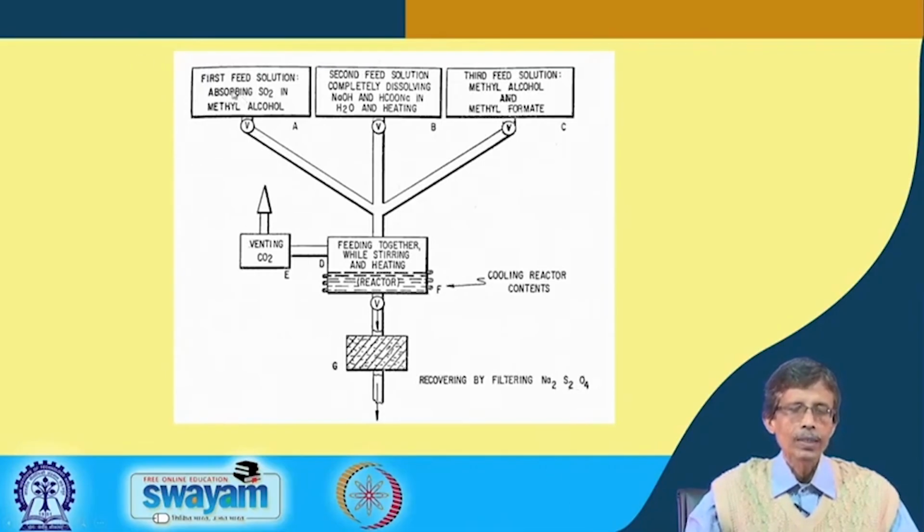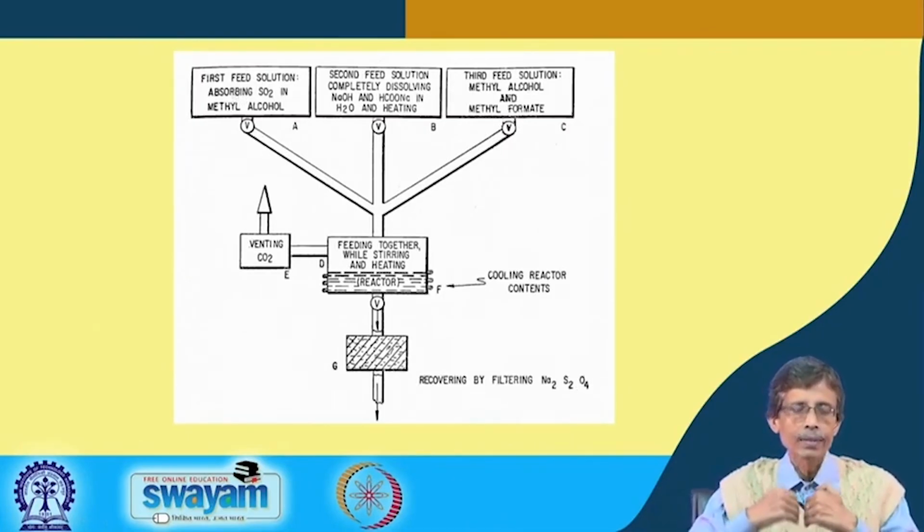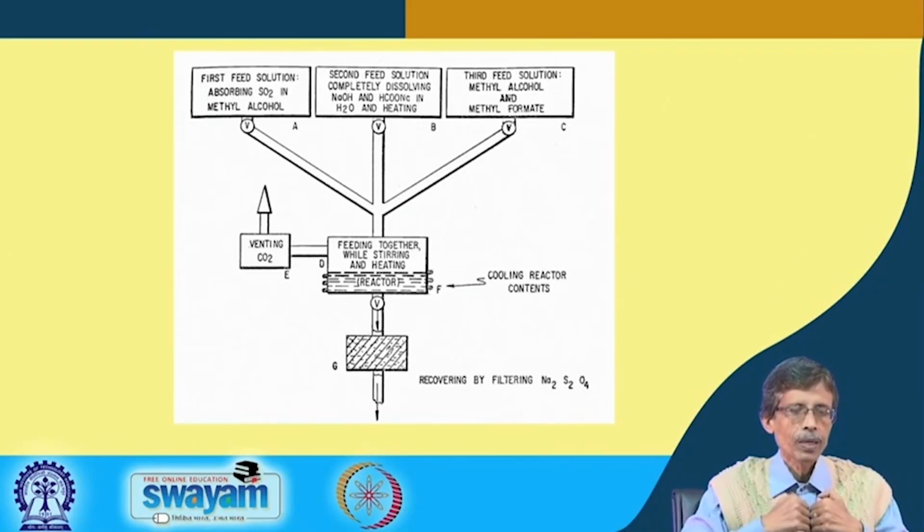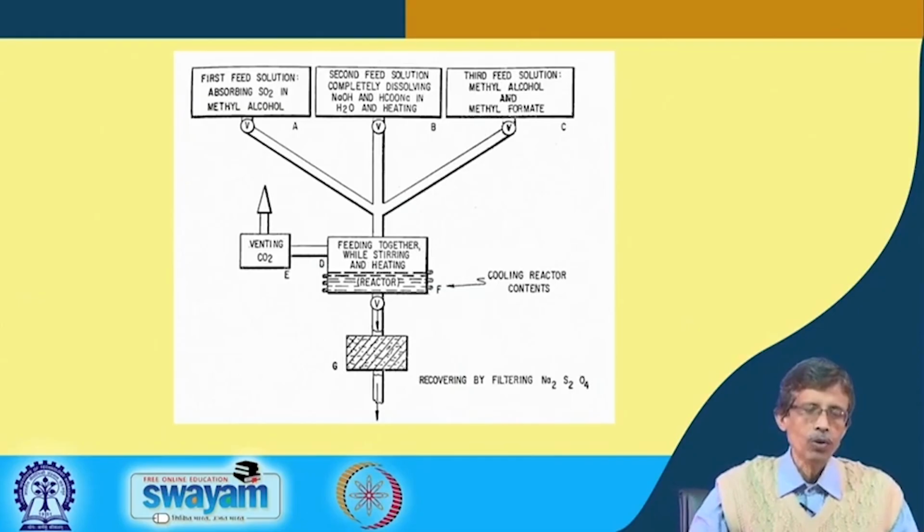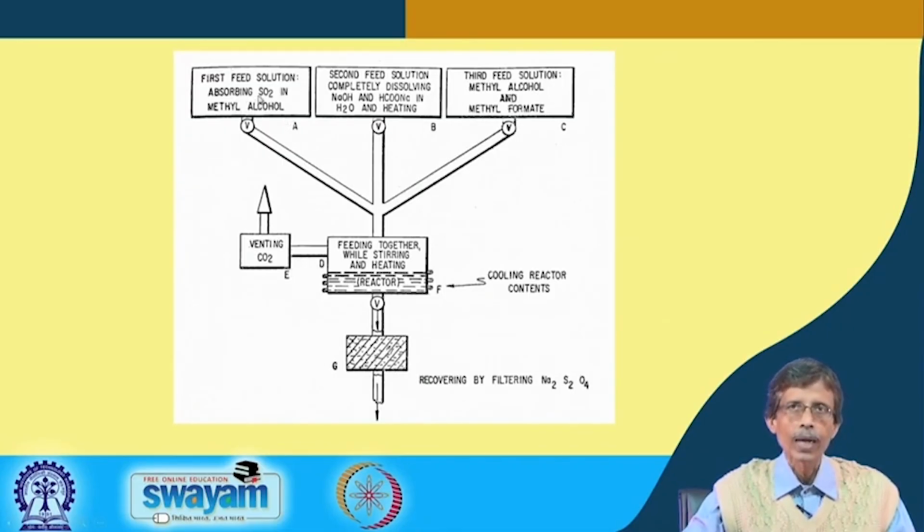So, what we have in the reactor is fed from a solution which we consider as the first feed solution, which is nothing but a methyl alcohol solution saturated by sulfur dioxide gas.